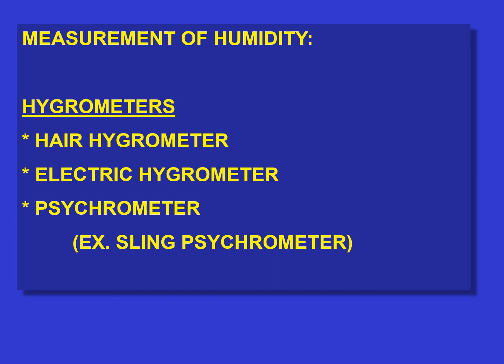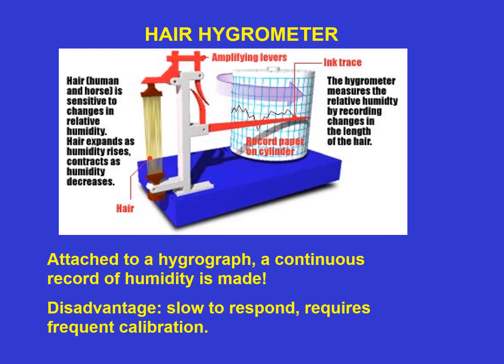Okay, so measurements of humidity. So I think now we might go through some images here of different types of hygrometers. So this is your old-fashioned hair hygrometer. Horsehair has been used in the past. I believe they use human hair as well. Okay, so sensitive to changes in relative humidity.